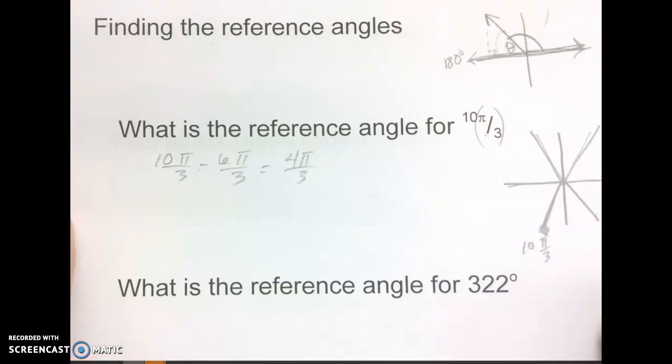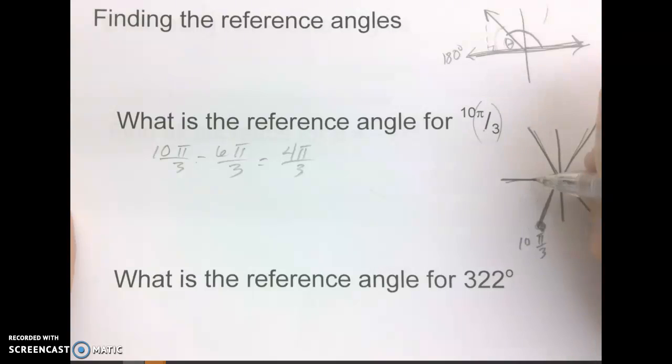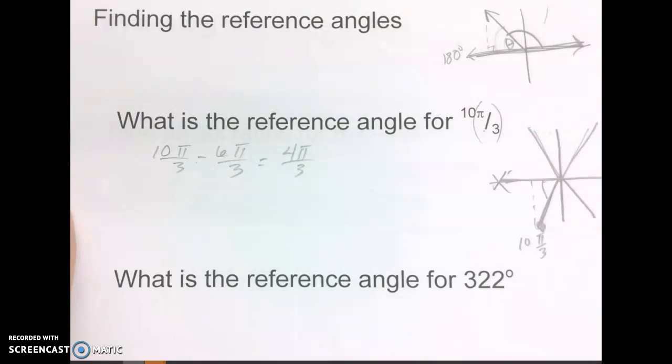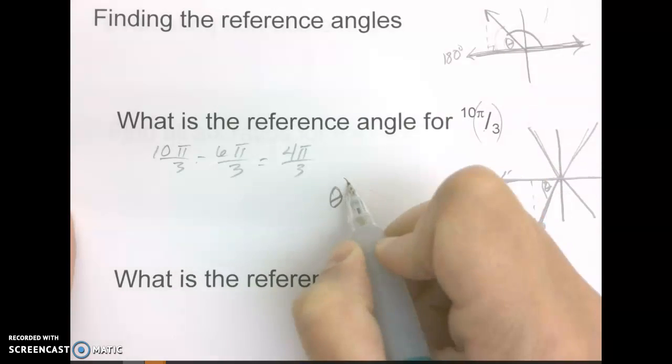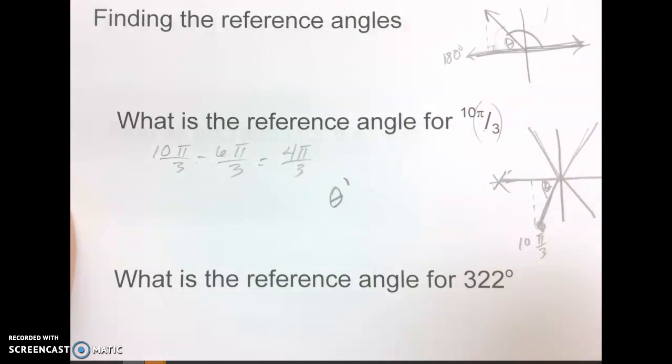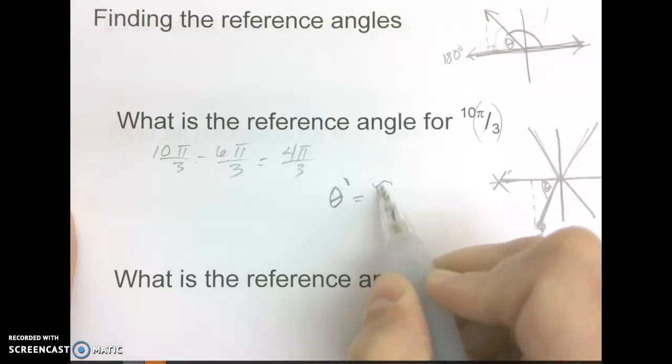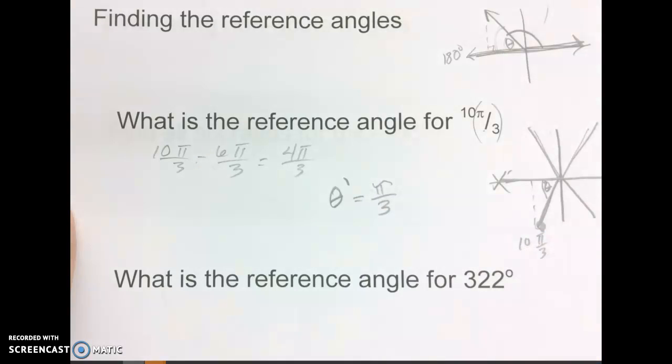So the reference angle is this angle, the shortest distance to the x-axis right here. And that theta, we use it as a theta prime, so we've got this little apostrophe there, represents pi over 3. That is my reference angle.